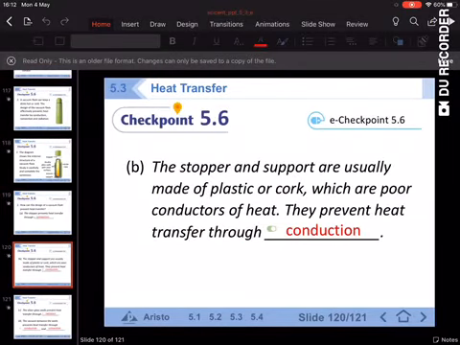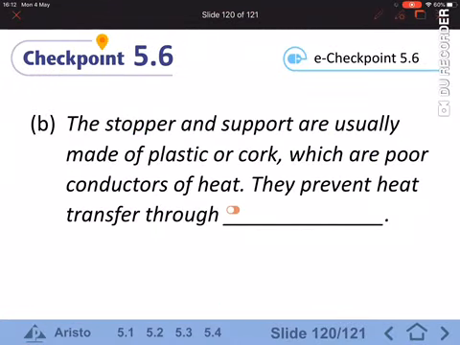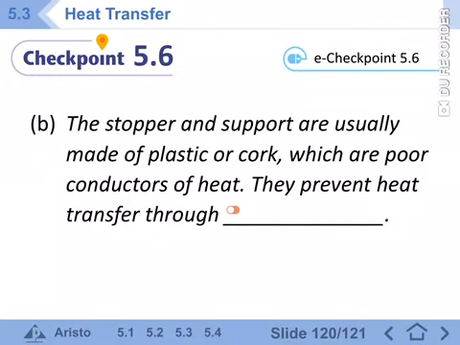Okay, and in the next one, the stopper is made of plastic. They're poor conductors of heat. It prevents heat loss through conduction. So it doesn't touch it, it does not give out the heat away that easily.